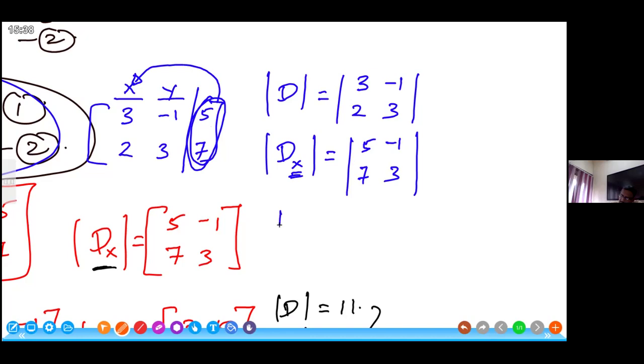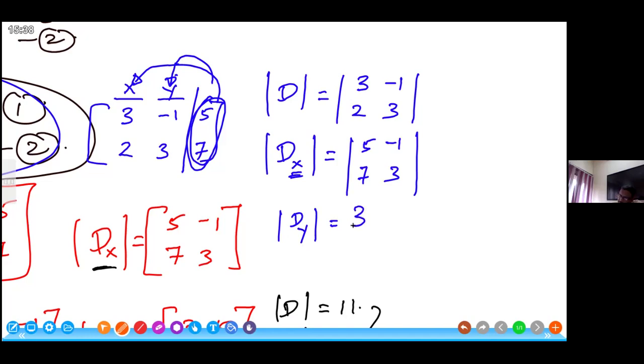For the determinant of y, the column will be substituted by the constant values.